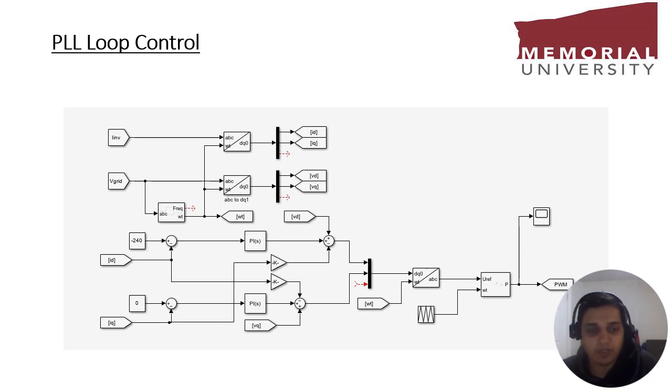The comparison is made with zero, and the PI controller is used for feedback control, and the output is changed back into ABC. Then we have a PWM generator here, and the output from this is the pulse width modulation, which is fed into the inverter.